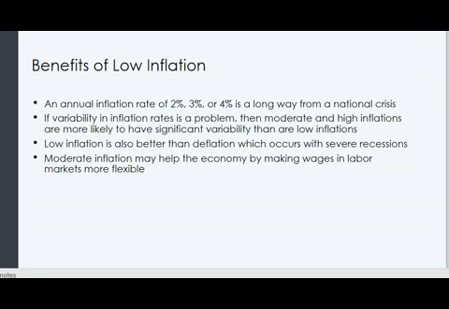If variability in inflation rates is a problem, then moderate and high inflations are more likely to have significant variability than low inflations. Low inflation, on the other hand, is also better than deflation, which occurs with severe recession. Moderate inflation may help the economy by making wages and labor markets more flexible.